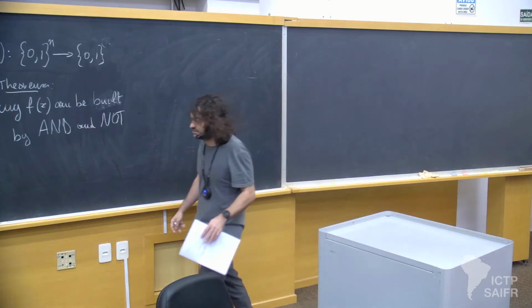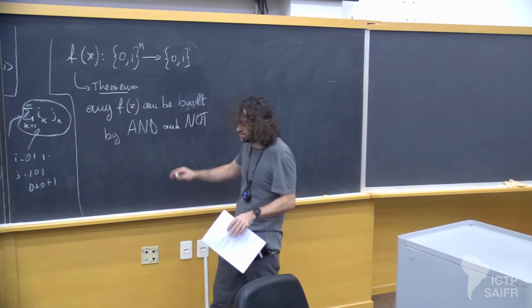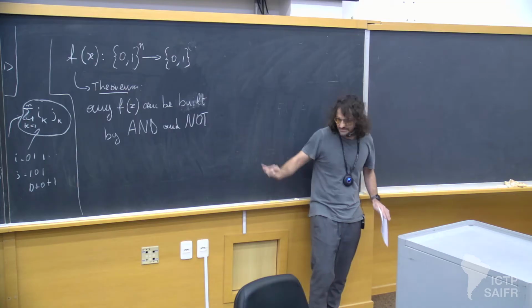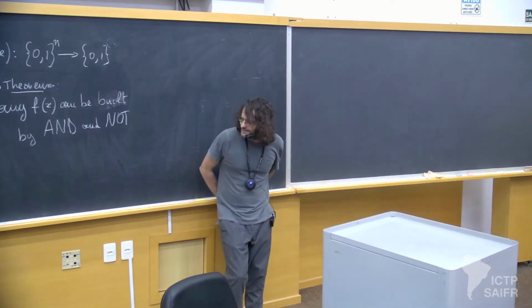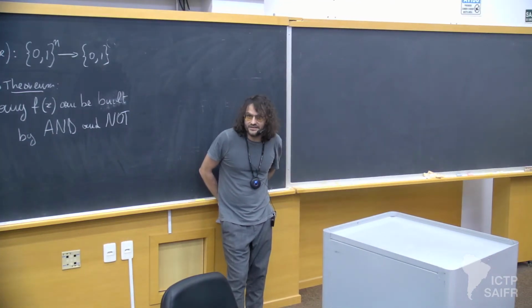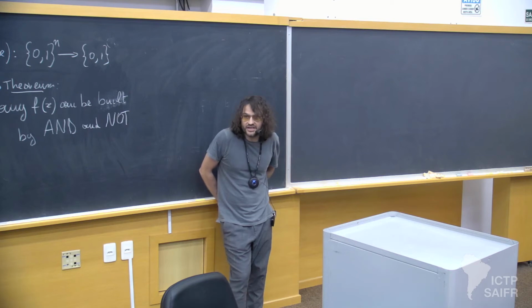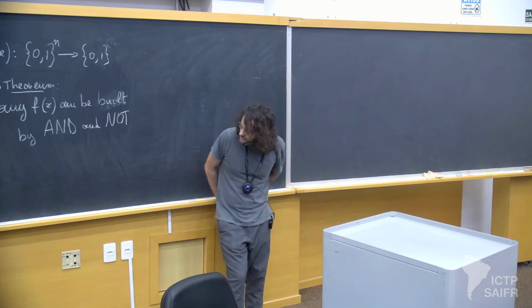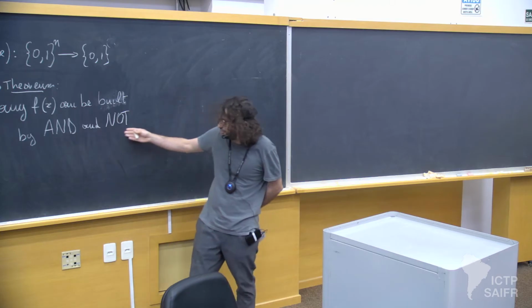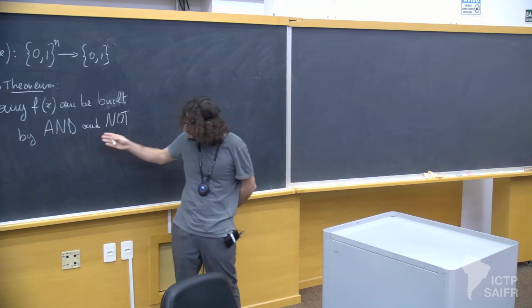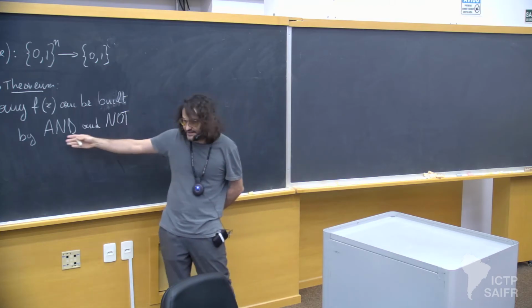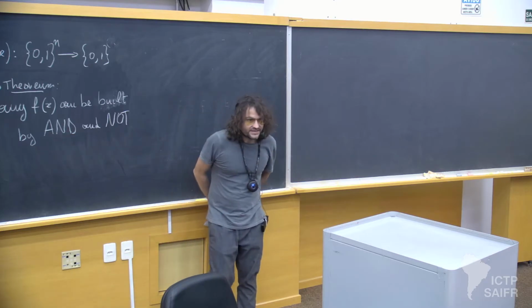I have no idea about the proof, but it is true. Now our purpose is to show that we can build the classical NOT gate and the AND gate with some quantum gates.